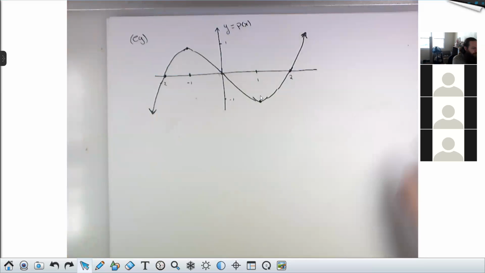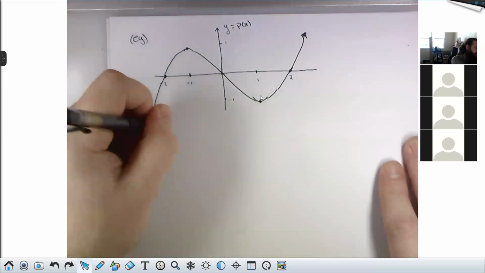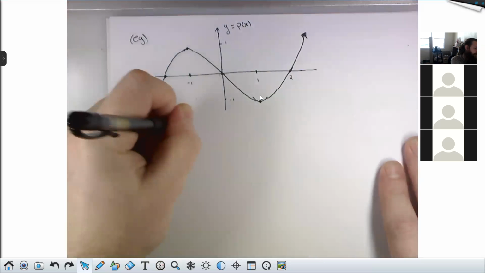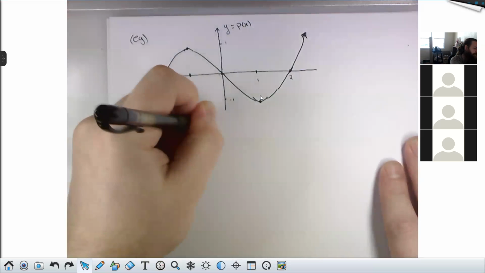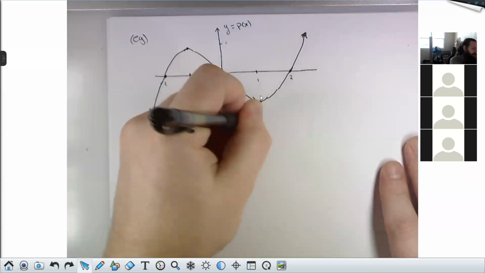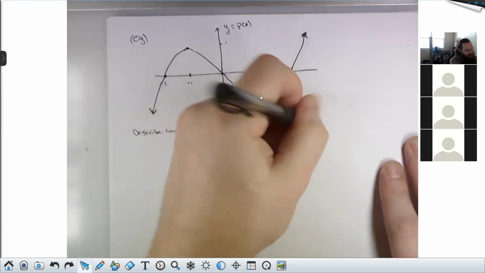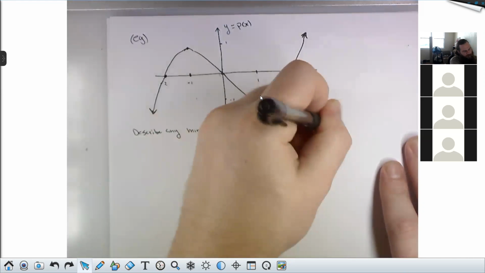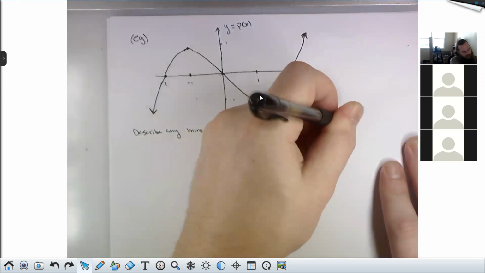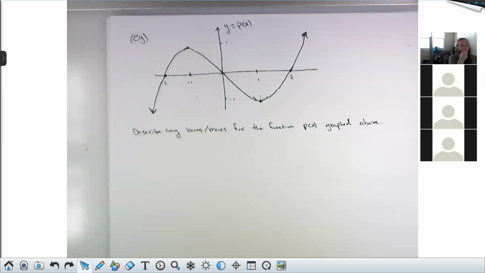I want to describe any mins or maxes for the function p of x graphed above. And now instead of having a finite domain where things chop off, we've got these arrows.